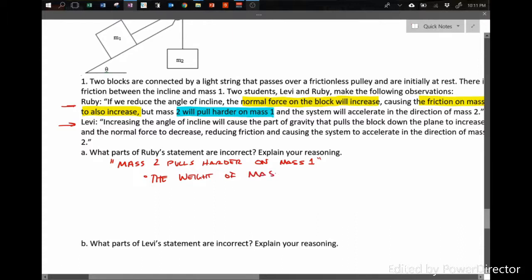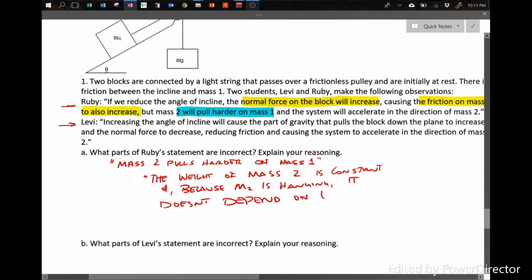The weight of mass 2 is constant, and because mass 2 is hanging, it doesn't depend on the angle. That's why that statement's wrong. She's wrong in saying that.